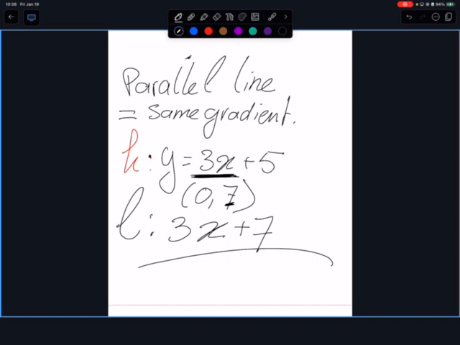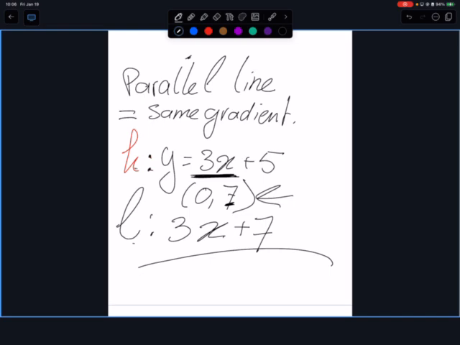This is the line of K. L is parallel to K. Yes, this is given to you.